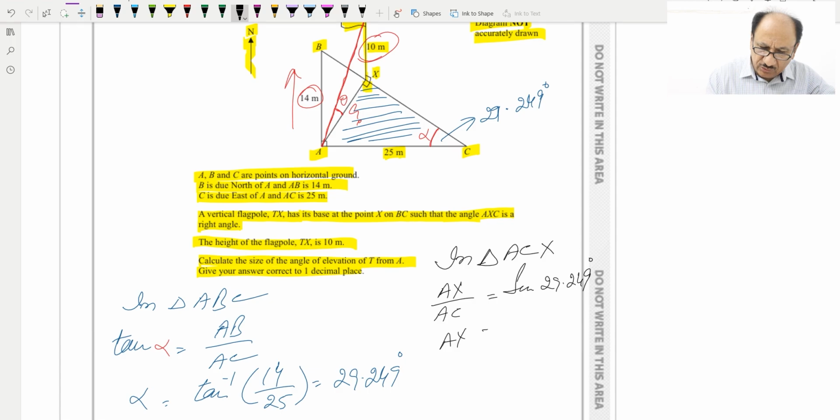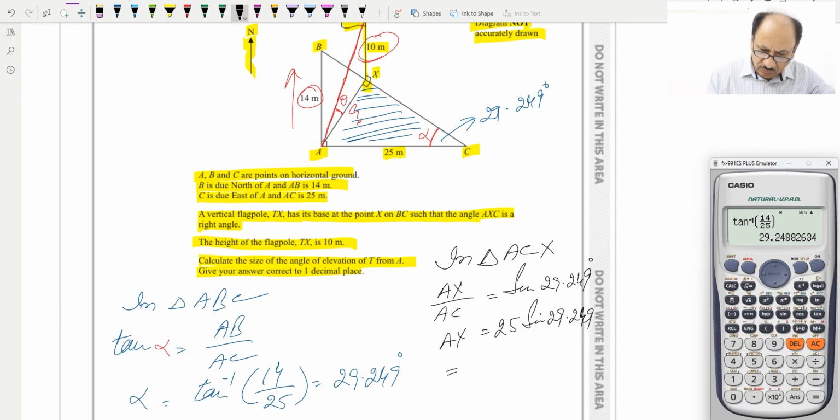So AC is 25, so 25 sine of 29.249, and we can use the calculator for this.